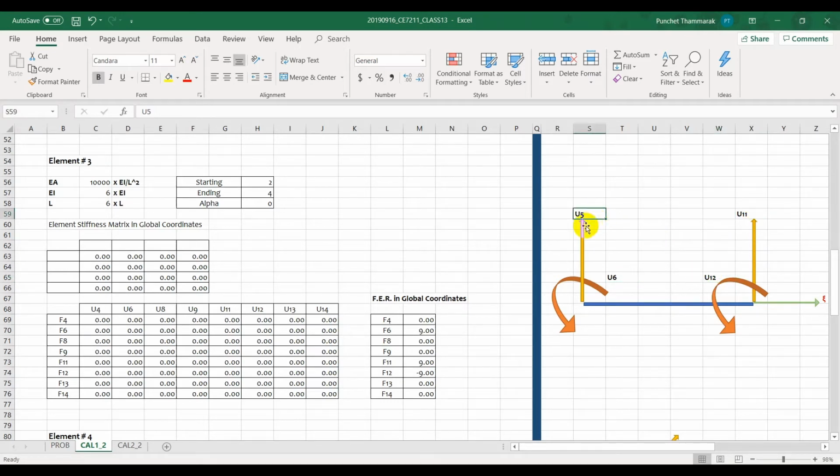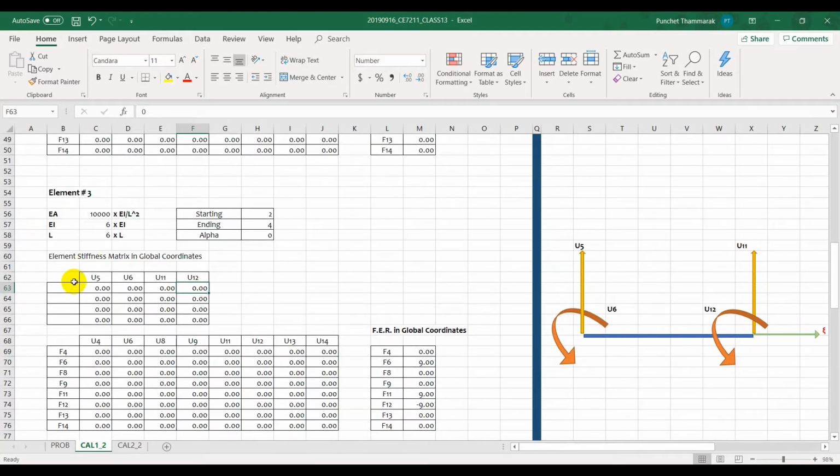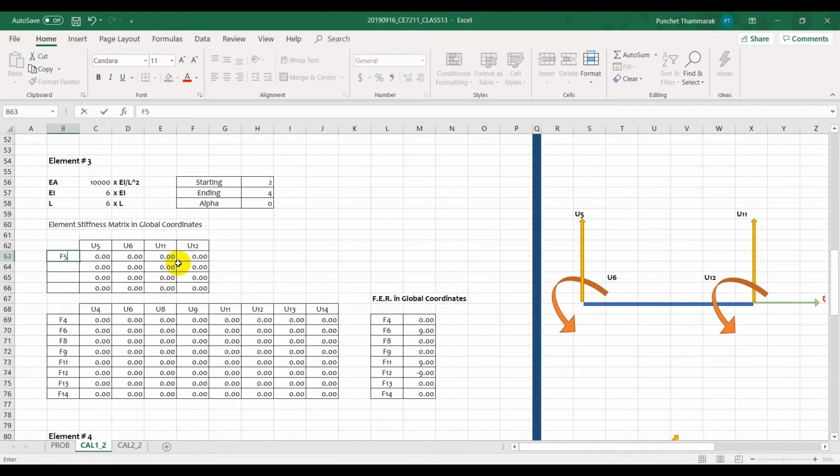So U5 is in line with the lowercase u1, U6 with lowercase u2, U11 with lowercase u3, and U12 with lowercase u4. So U5, U6, U11, and U12, and we have F5, F6, F11, and F12.